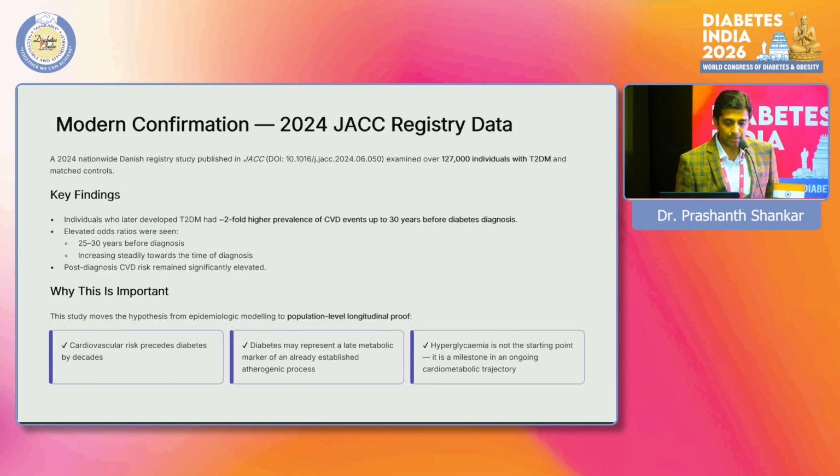Why is this important? This moves the hypothesis from epidemiologic modeling to population level longitudinal proof. And it predicts that cardiovascular risk precedes diabetes by decades. Diabetes may represent a late metabolic marker of an already established atherogenic process, and hyperglycemia is not the starting point. It's just a milestone in an ongoing cardiometabolic trajectory.